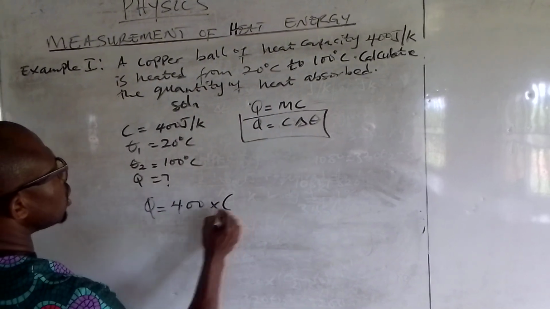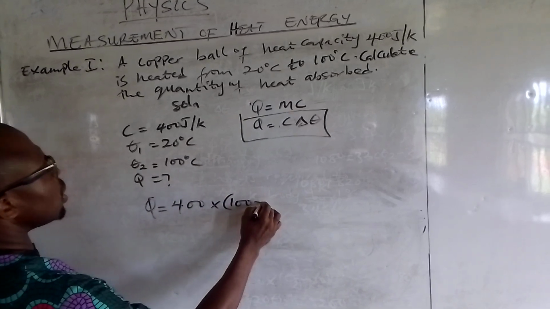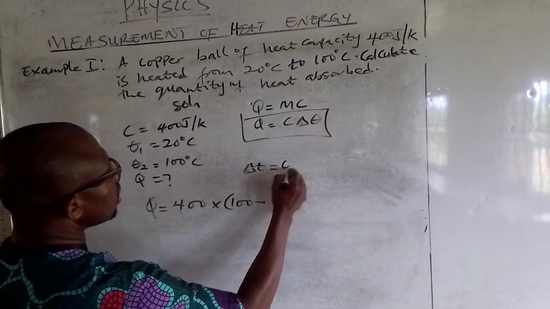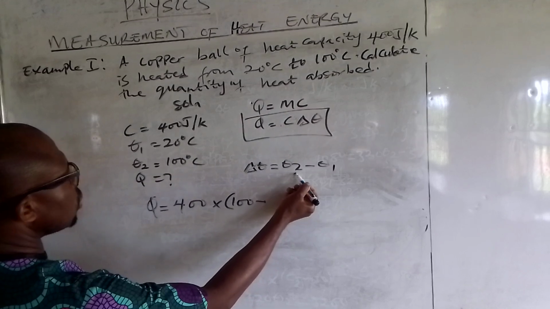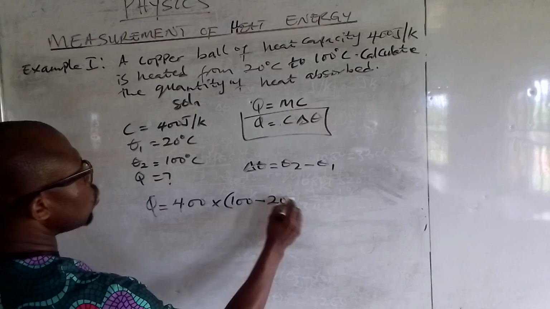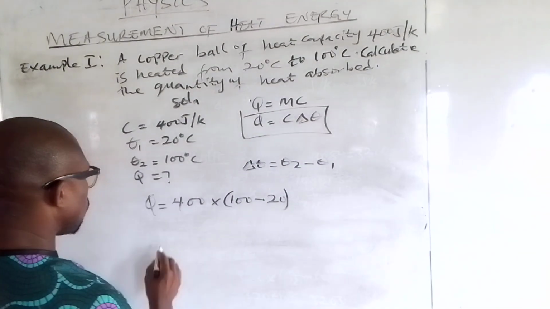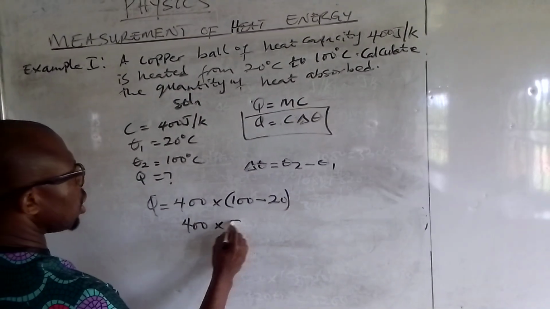Delta theta is theta 2 minus theta 1, which is 100 minus 20, which will give us 80. We now have 400 times 80.